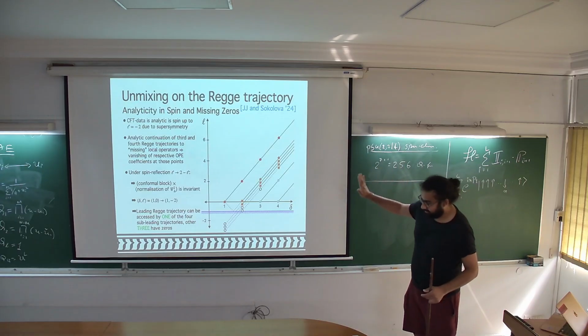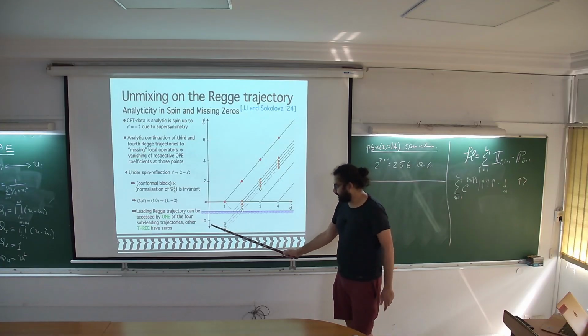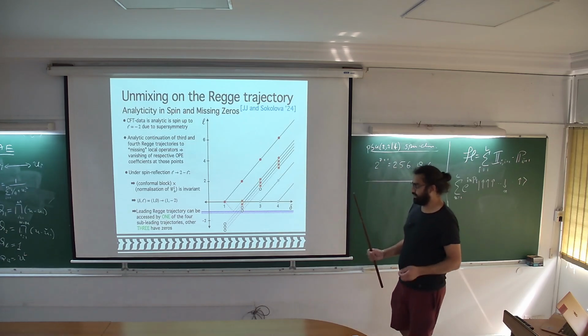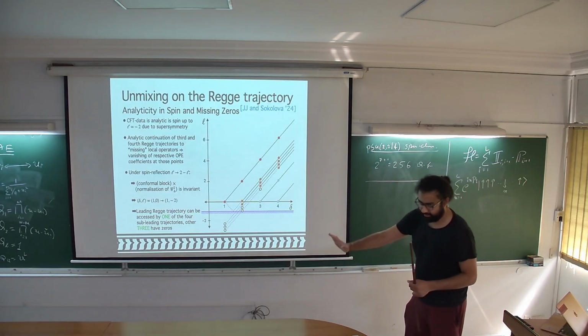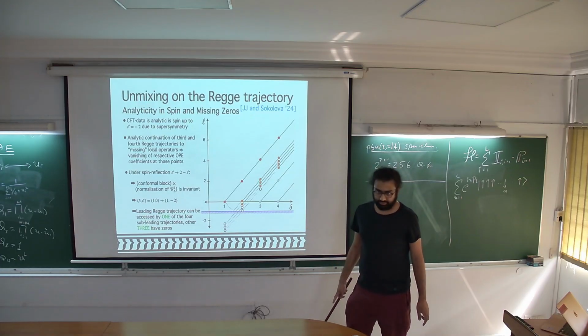You can analytically continue even further. In principle, I can analytically continue this all the way to spin -2, because CFT data is expected to be analytic in spin up to spin -2. So I can in principle continue till -2, and then I will be able to impose that all 4 should vanish.